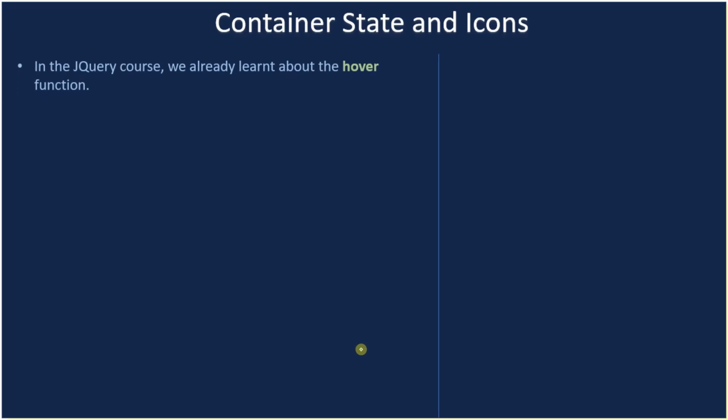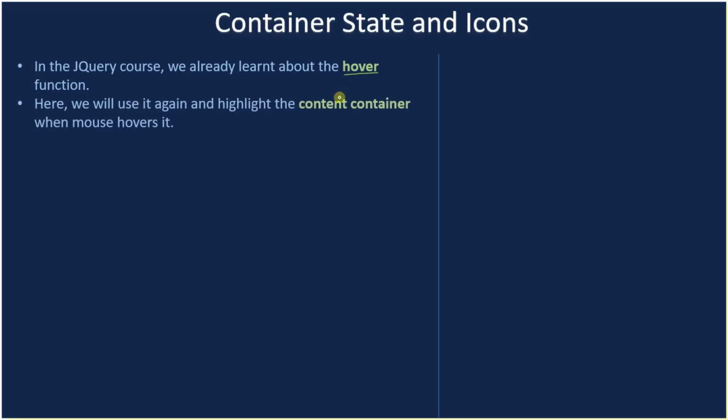In the jQuery course, we already learned about the hover function. Here we will use it again and highlight the content container when mouse hovers it. We are using two containers: one is the header container and another one is the content container.